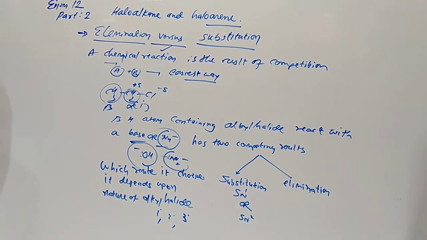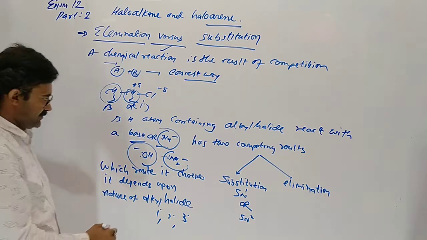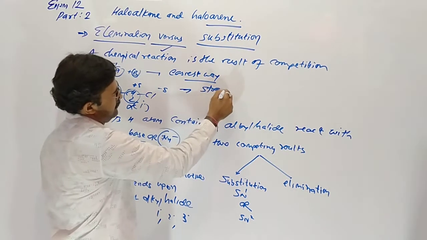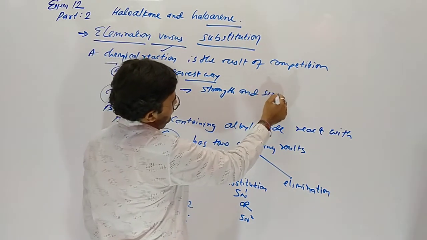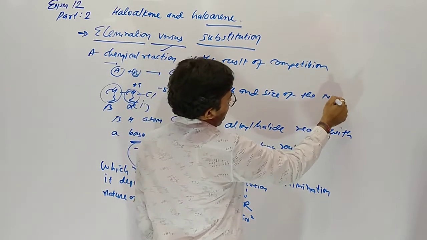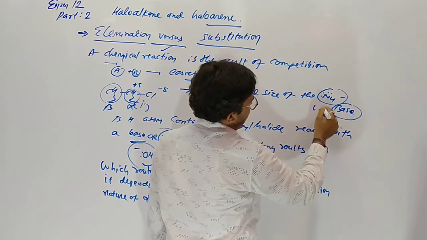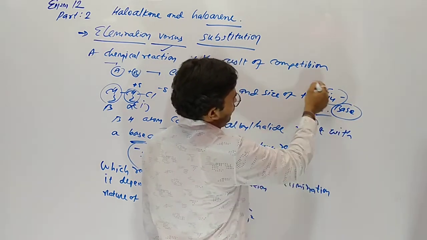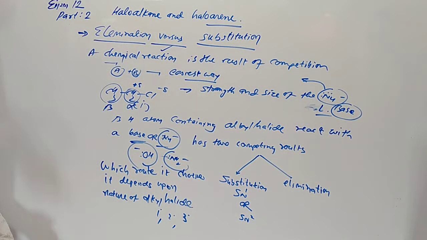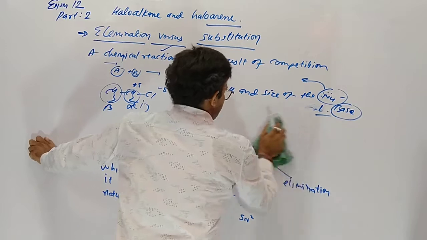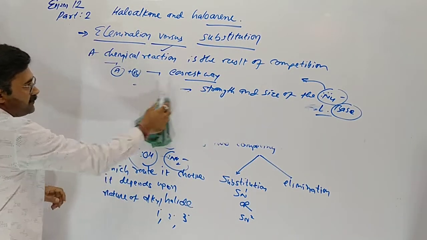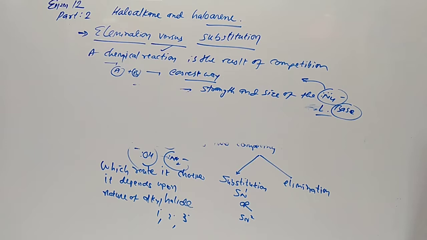The second factor is the strength and size of the nucleophile. Nucleophile means base, Lewis base, which donates an electron pair. Larger the size, the strength, and the reaction condition also matter.